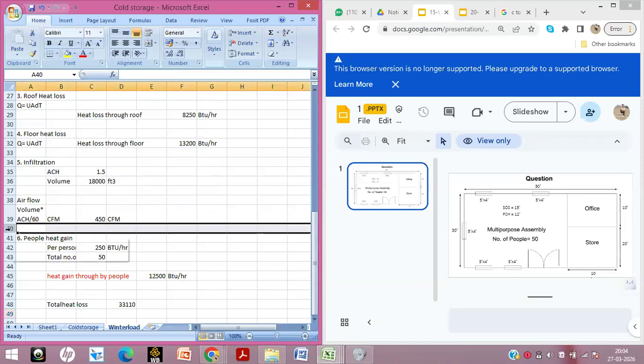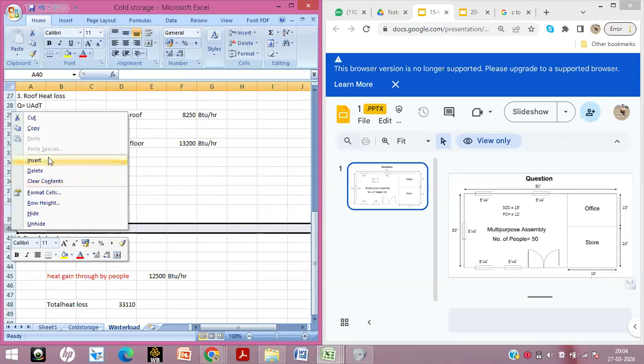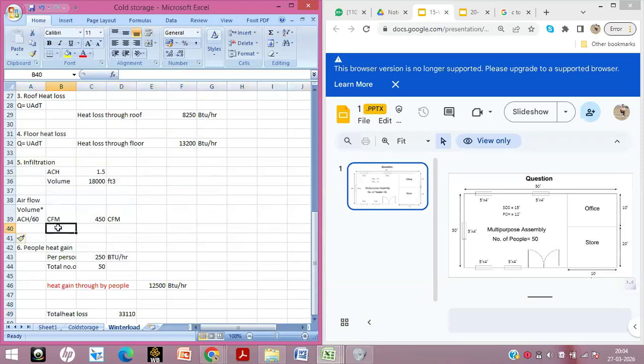So let's consider how much heat will be lost for that. We know how we can calculate the heat loss through infiltration, so let's consider that.